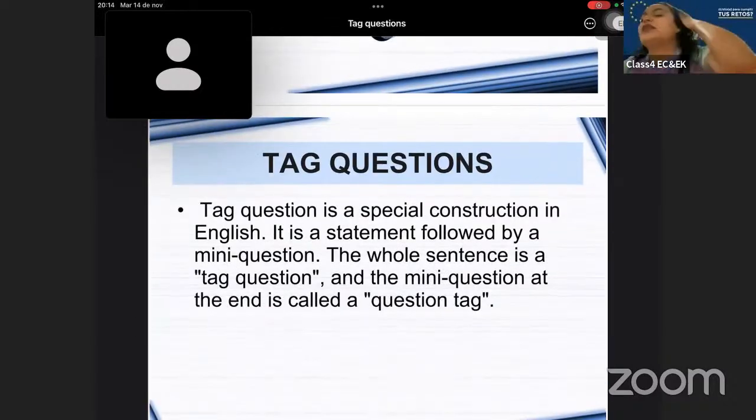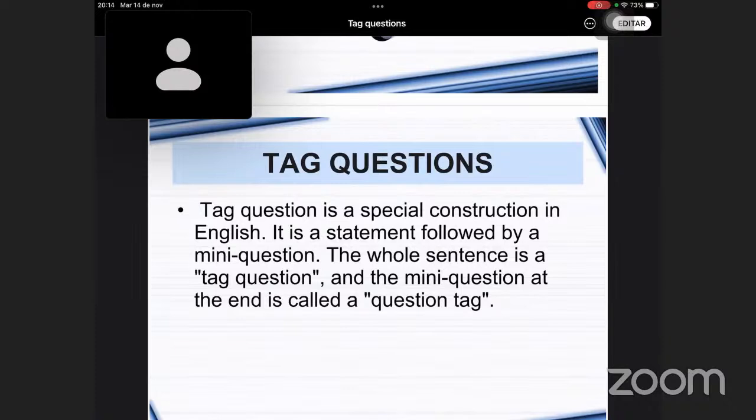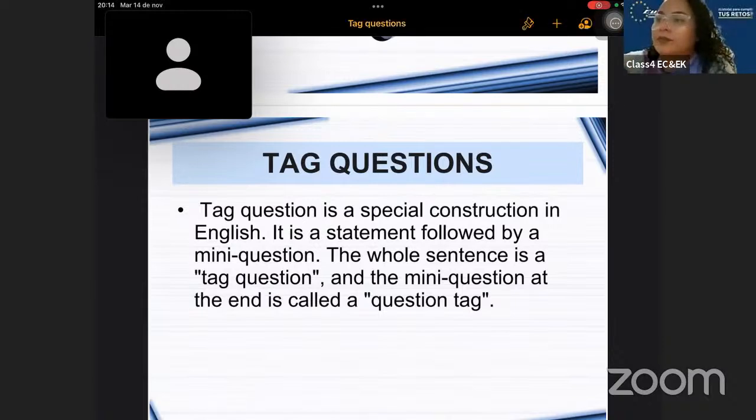So, what are tag questions, or what is the use of the tag question? So I'm going to ask Ivan to read the description for a tag question. So Ivan, can you read, please? Yes, teacher. Tag questions. A tag question is a special construction in English. It is a statement followed by a mini question.